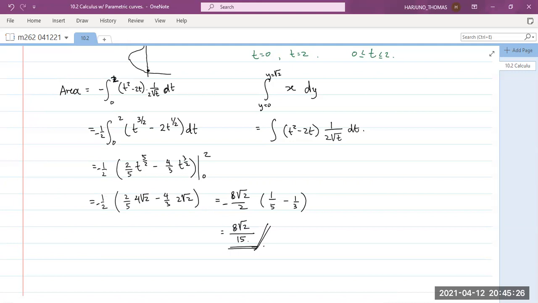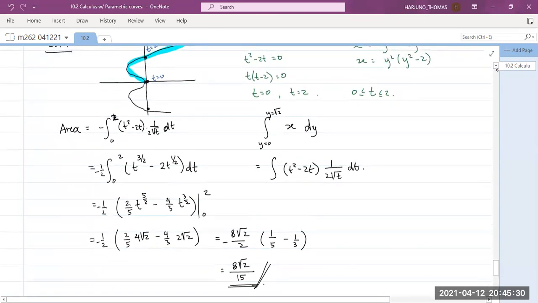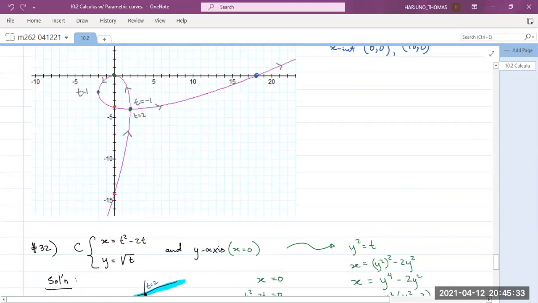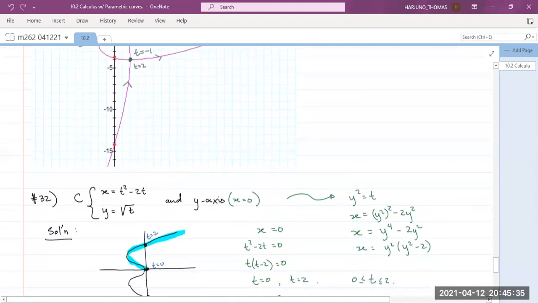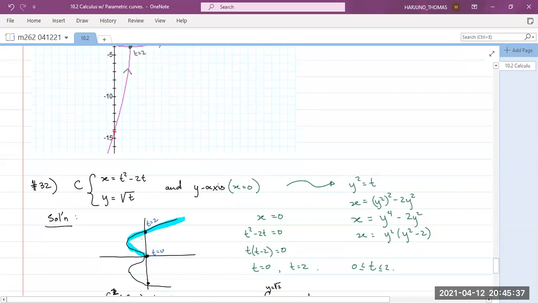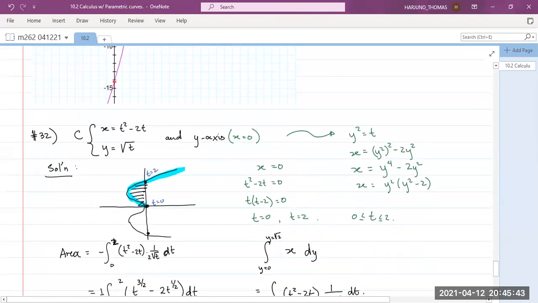Yeah, because my curve is actually below the y-axis, quote unquote, to the left of the y-axis. So my area will be this area here, right? I apply a negative to make it a positive area.